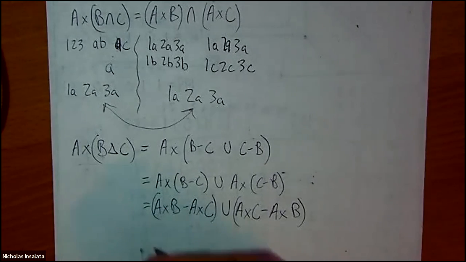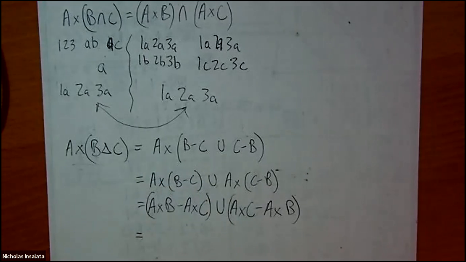Does anyone see the last step? Okay, so the last step here, this just is the symmetric difference by definition, right? This one minus this one, union, the first one minus the second one, union, the second one minus the first one, right?